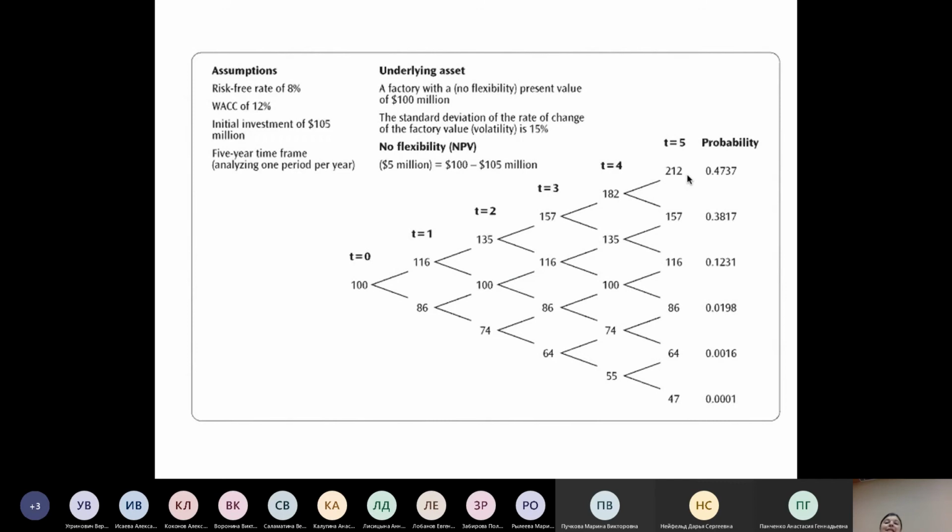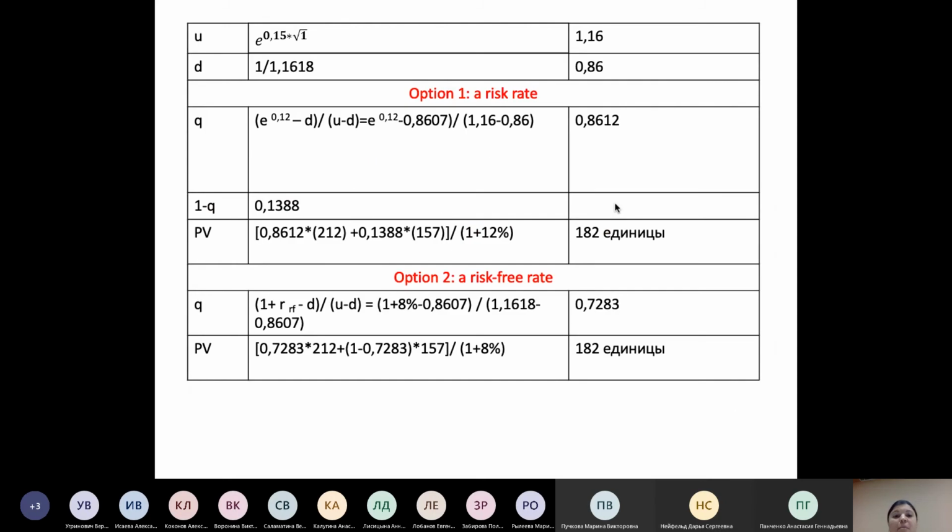In other words, discounting the value of our bad and good scenarios using the probability parameter will give us 182. Let's check. In the first step, we calculated the probability of the growth. And the probability of growth is 0.86.